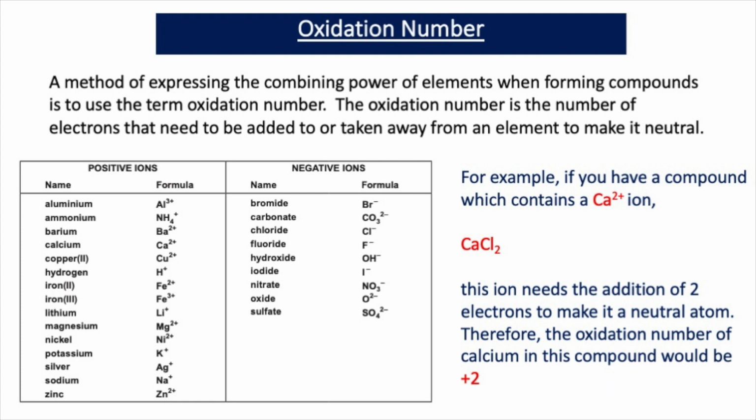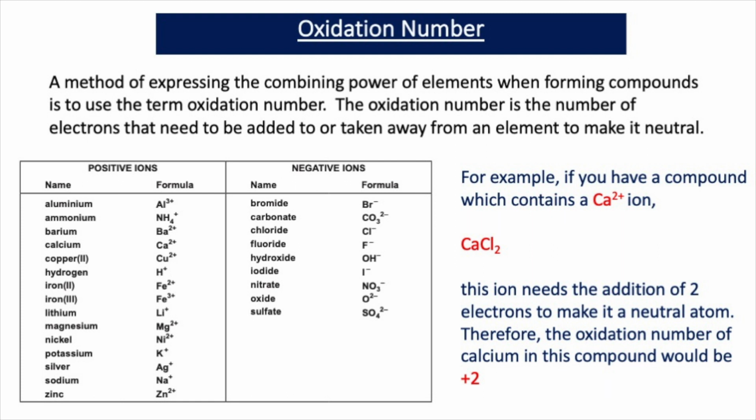Now if we look at another example, the aluminium ion, which is Al3+. The oxidation number for aluminium is +3 because an Al3+ ion needs to gain 3 electrons to form the neutral aluminium atom.